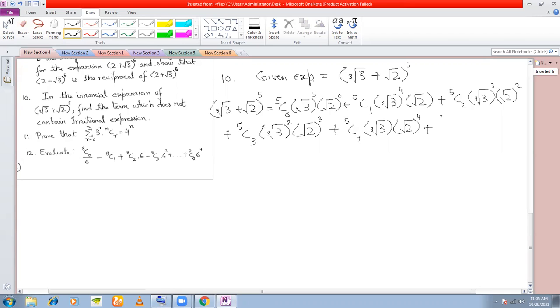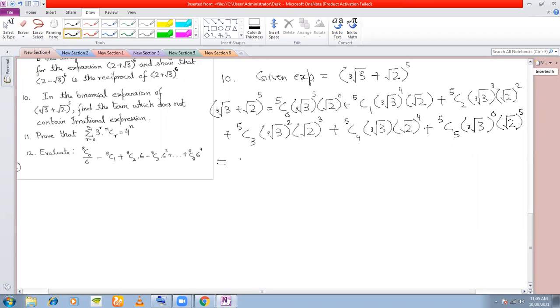And finally you have the last term 5c5 cube root of 3 to the power of 0 into root 2 to the power of 5. Okay. So now we shall simplify this expression.